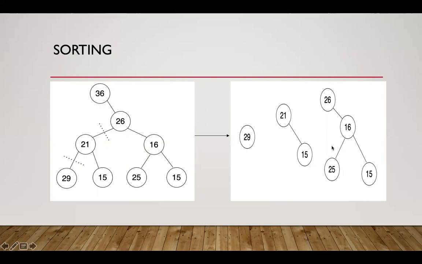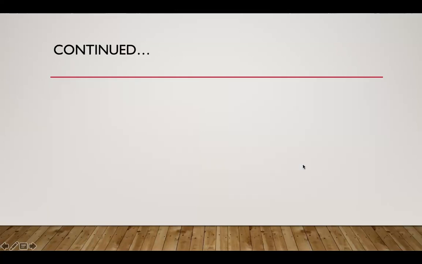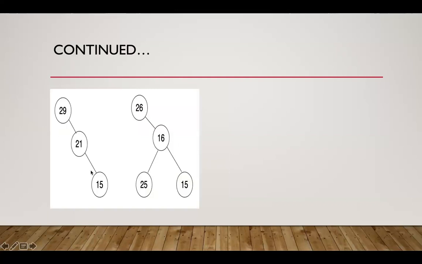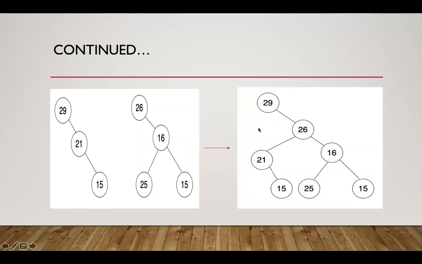But the remaining we break into different parts. And just like we saw how to merge in previous few slides, we'll try to merge it again. So if you merge the smaller two trees over here, which is 29 and this one, 21 and 15, it would look something like this. So this is the resultant. And then we merge these two together to get a new weak heap like this.